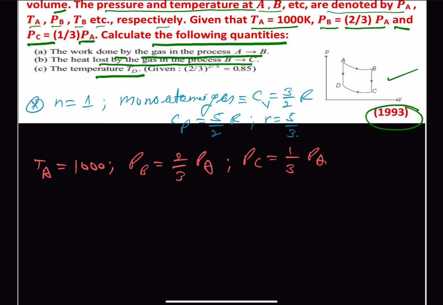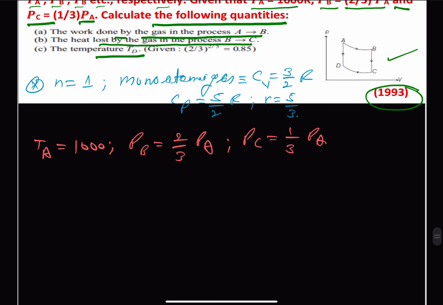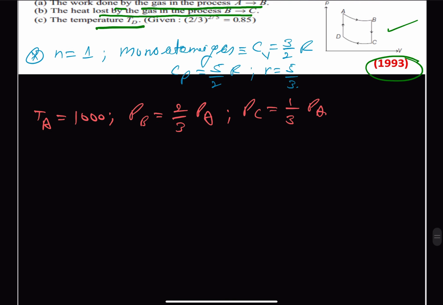First we come to A to B, that is our adiabatic expansion. So from A to B, it is adiabatic expansion.